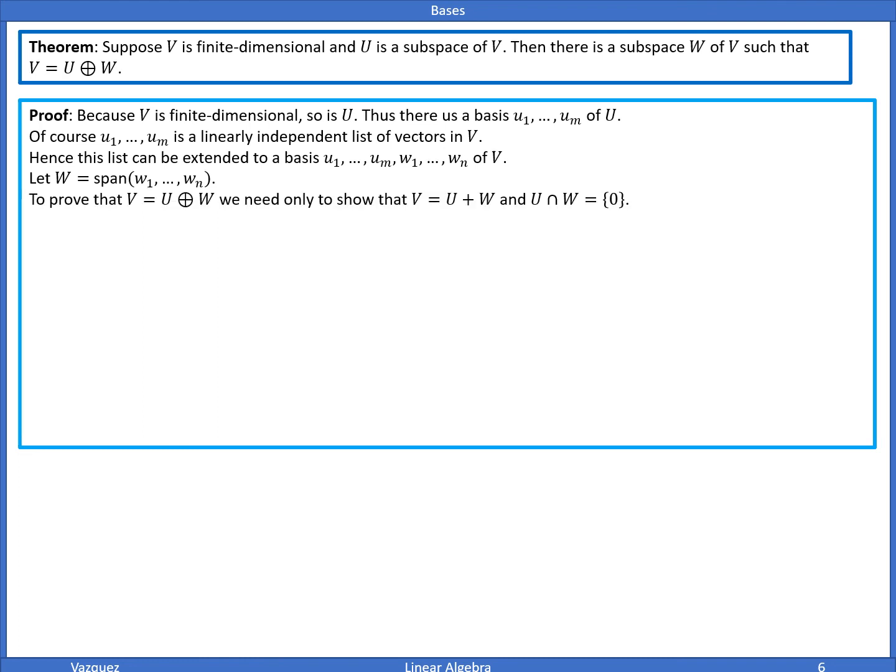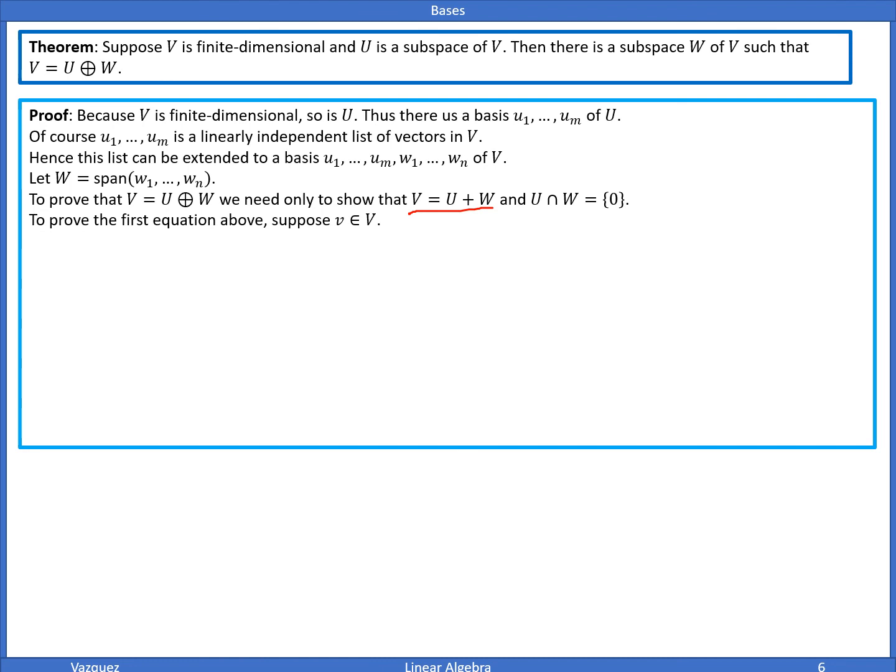So to show that V is the direct sum of U and W, we need only show that V is equal to their sum, and that the intersection of U and W is only the zero vector. We're going to prove the first part right here.